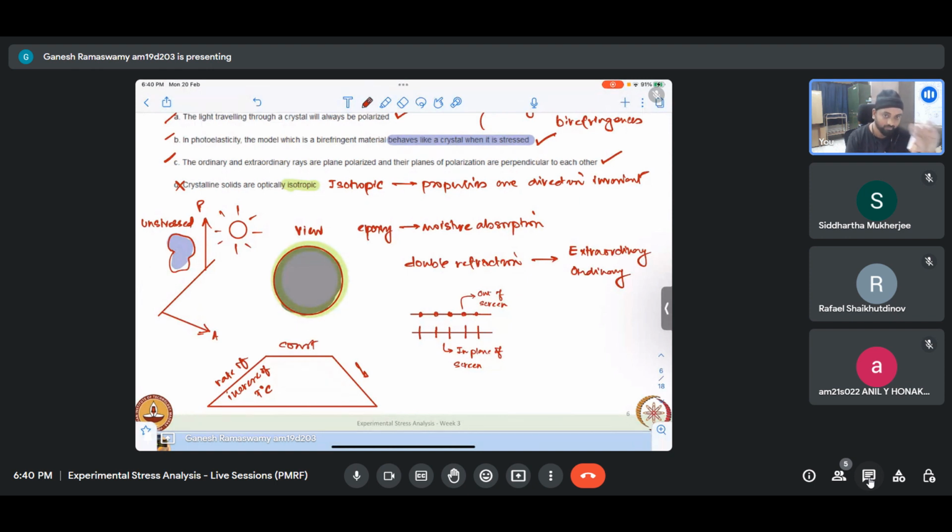But if you are able to see a halo around the boundary of the model in an unstressed condition, it implies that there has been some moisture absorption or some residual stress that has been introduced. If we account for that in our calculation, we'll have a better accuracy.